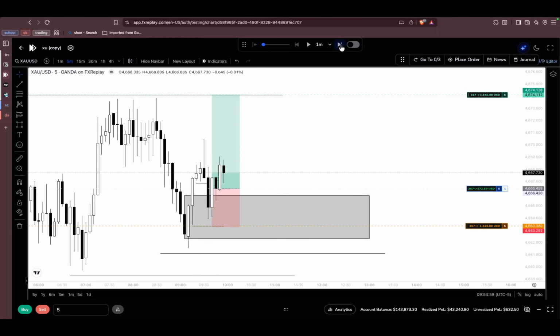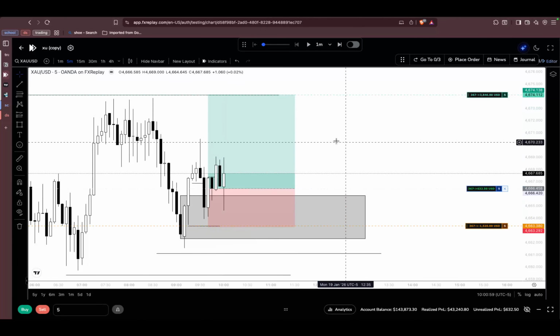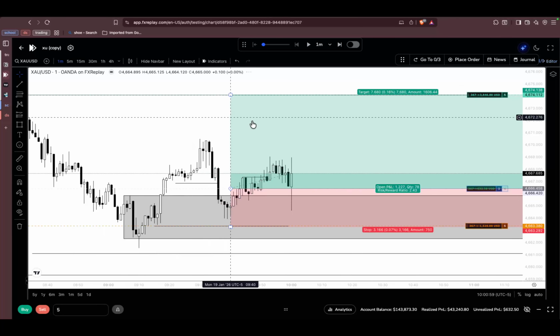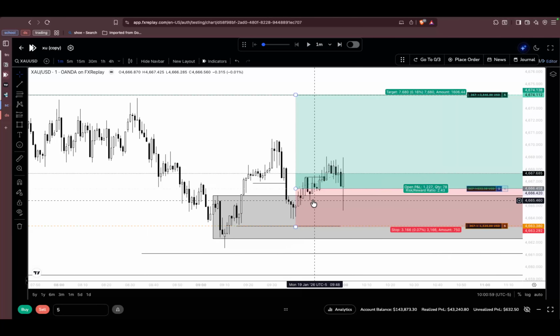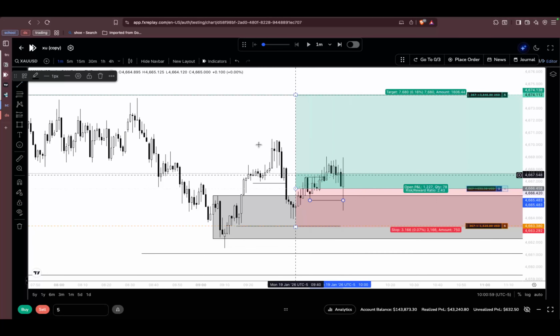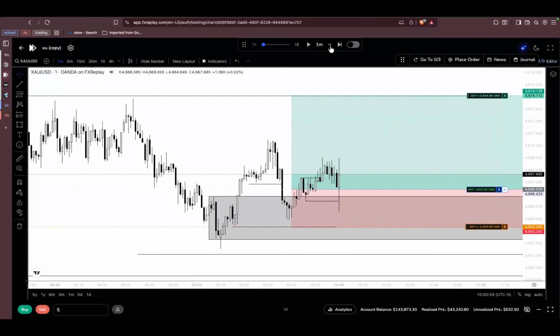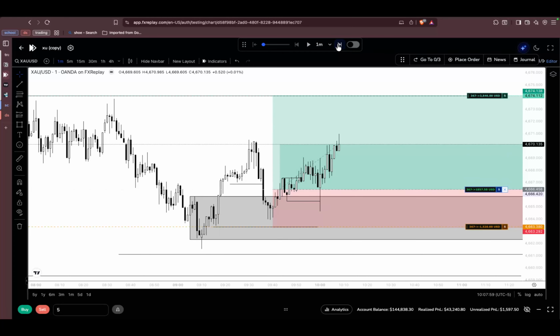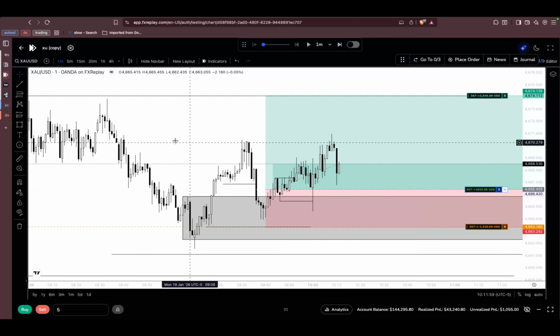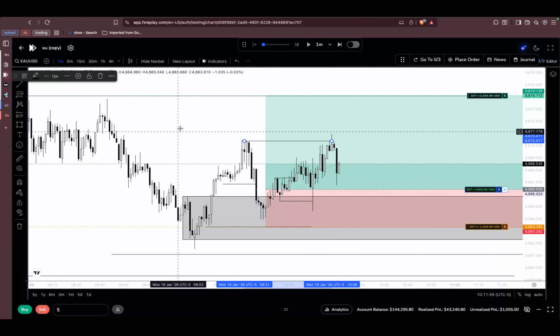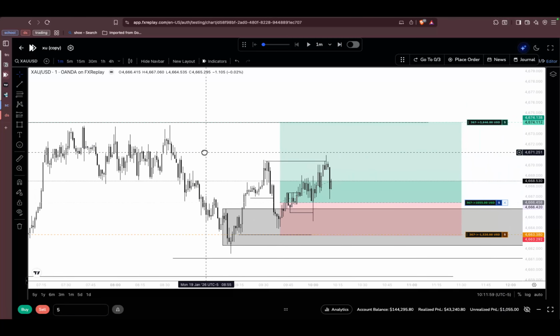So we are looking pretty good for this trade. The candlestick takes out some liquidity here as well, and got to this area and we don't really close above it. Just wick above.